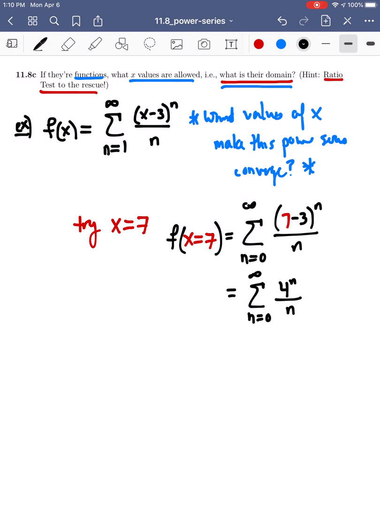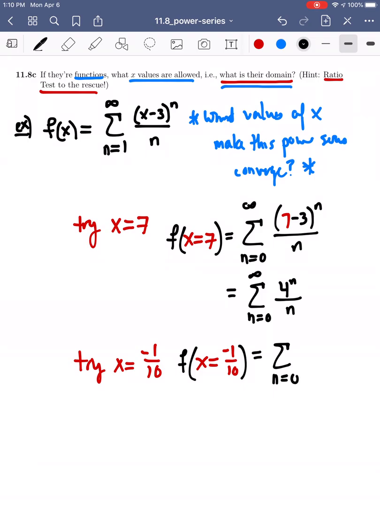And then after that, we could try a different number, say x equals minus 1 over 10. So when we plug that into our function, x equals minus 1 over 10, we consider the resulting series that comes from that.